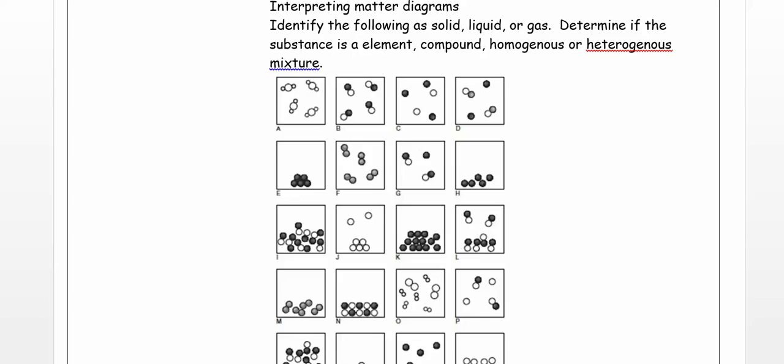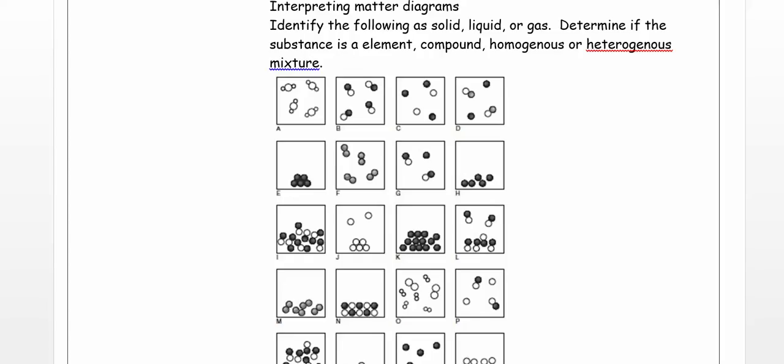But look at this row right here, this second row. Here we have these particles on the bottom, right? Now, they look like a lattice, don't they? They're tightly held together, and they form this very regular shape on the bottom of the container. I would guess that this one right here, letter E, is a solid, right?